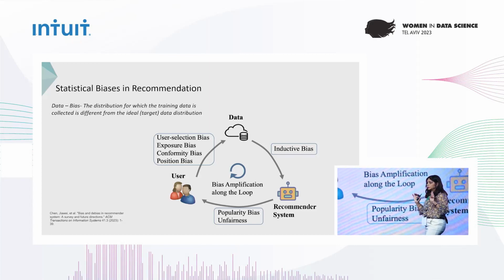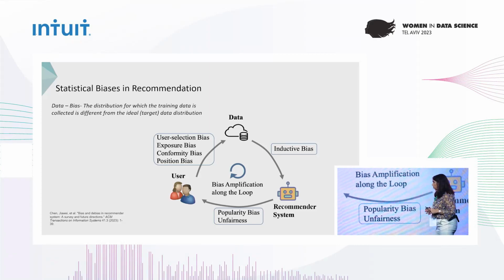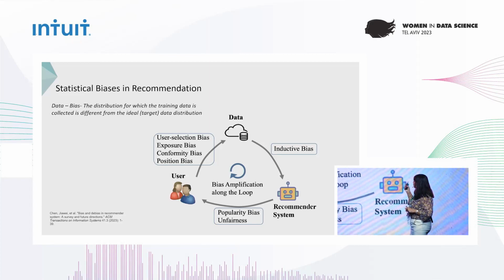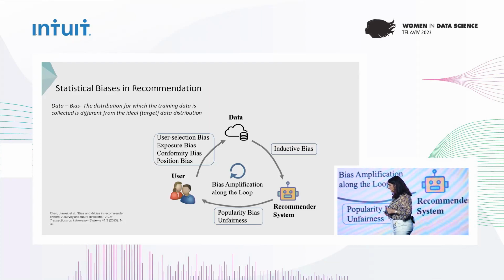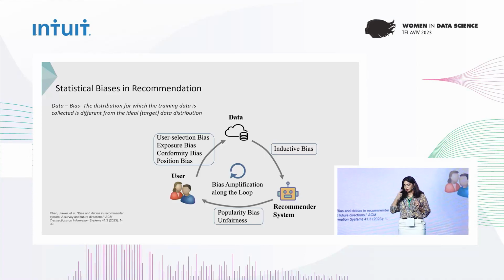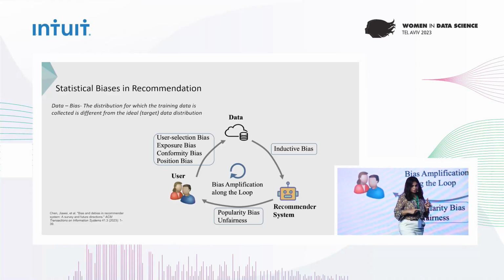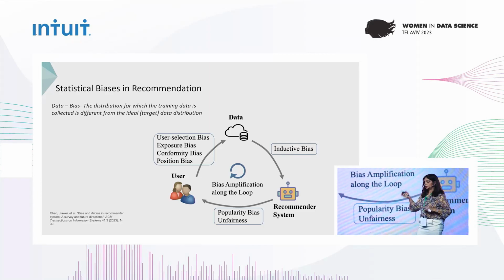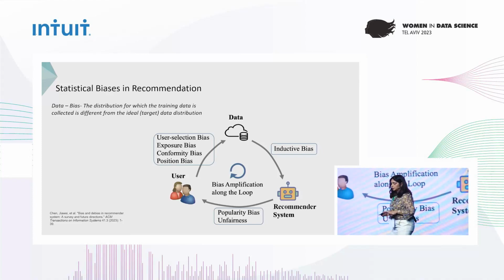And then there's a big issue of biases in recommender systems. Biases could be in the data, in the model, and also while serving. The bias is amplified when the user actually provides feedback on biased recommendations, and that biased data goes back into the next iteration of the system.